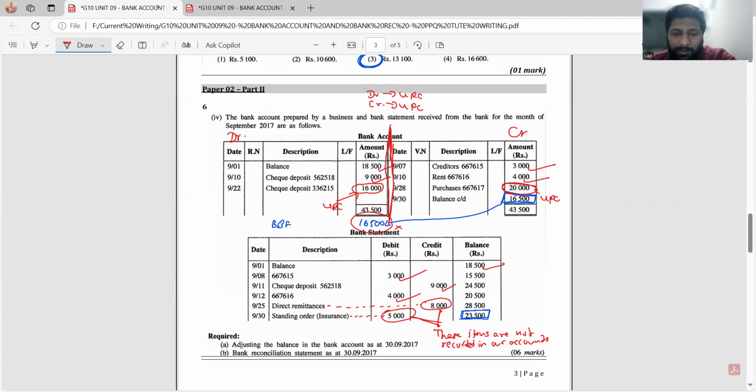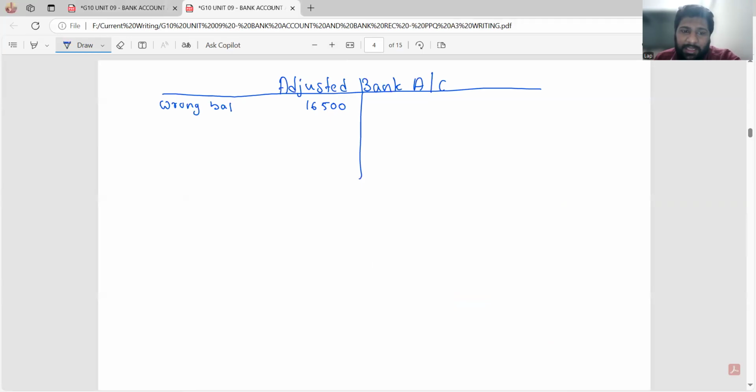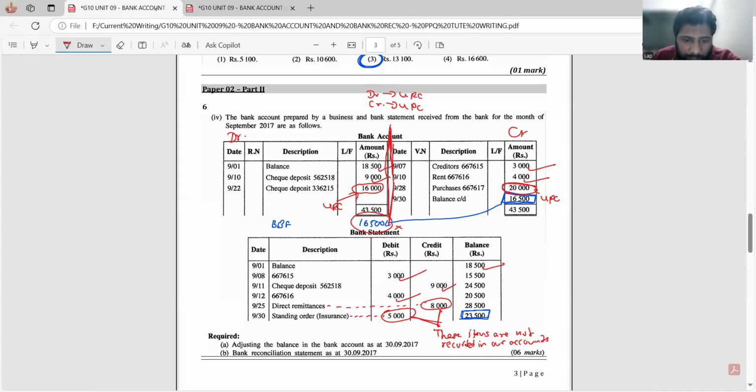So let's record it. Direct remittance means we have received money, so we have to increase our bank debit side. Statement credit side is our accounts debit side. What is the value? 8,000. Direct credit. Next one, standing order is a payment. So in the bank statement debit side, for our accounts it should come to the credit side.